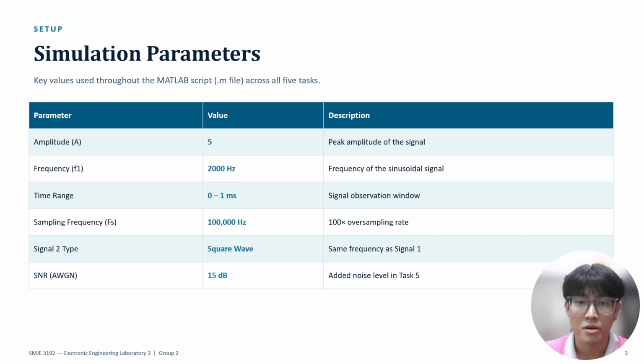These are the key parameters we used throughout our script. We set an amplitude of 5 and a signal frequency of 2 kHz, observed over a 1 millisecond time window.